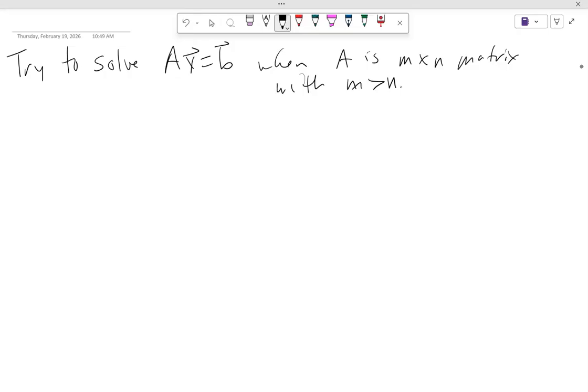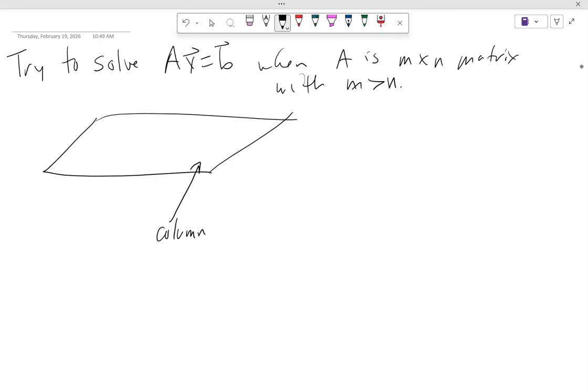So again, the picture was, I've got some representation of the column space of A. Again, I know many of you haven't heard the terms. All we mean by column space is that you treat each of your columns like it's a vector and take all the possible linear combinations. That's all column space means. Okay? All right. So the idea here is, of course, I've got an overdetermined system.